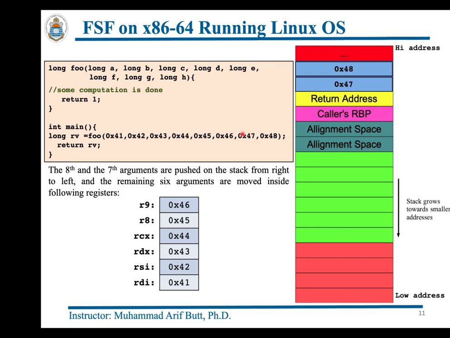And then this hex 47 value is also pushed on the stack over here. That is, the function arguments are pushed on the stack from right to left. After these two additional arguments, more than 6 arguments, this is the 6th argument, which will be placed, of course, inside the R9 register. This hex 45 will be placed inside the R8 register, and so on. And this first argument, that is hex 41, will be placed inside the RDI register.